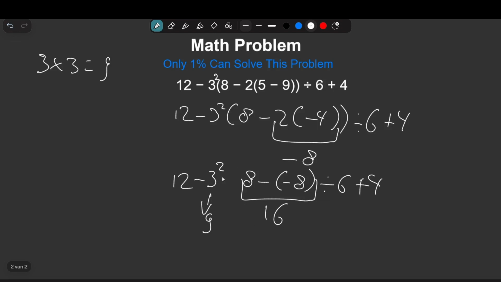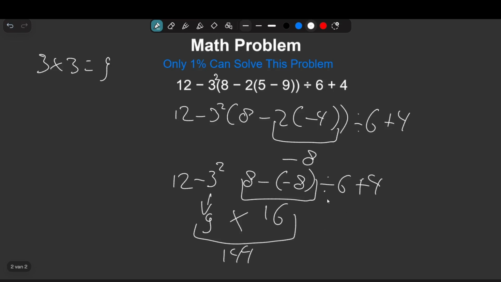So now we're done with the exponents, and this is going to be the step that separates the 1%. As you can see, in between these two, we don't have any signs of addition, so this immediately means we have to multiply. So we're gonna do 9 times 16. 9 times 16 is going to equal 144.